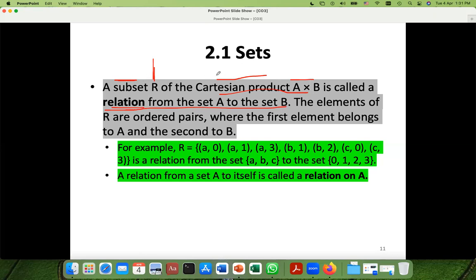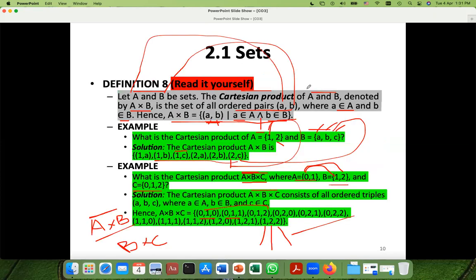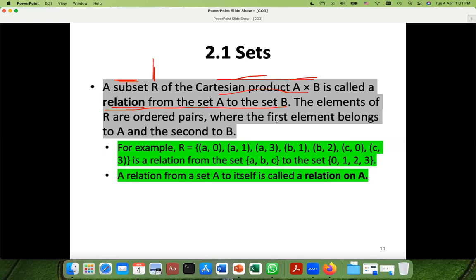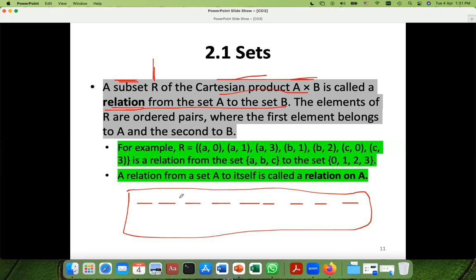If we have a subset of the Cartesian product of A cross B, for example, we have this set A and this set B with these elements. Suppose the Cartesian product A cross B contains maybe 10 elements.